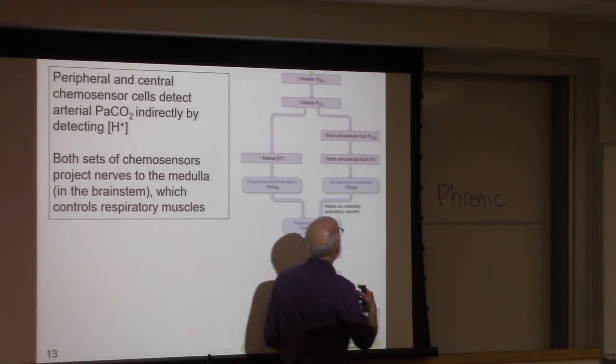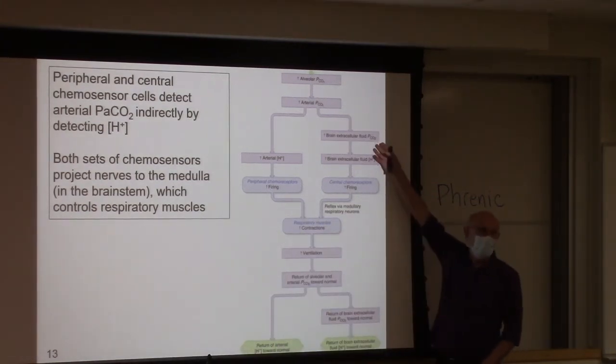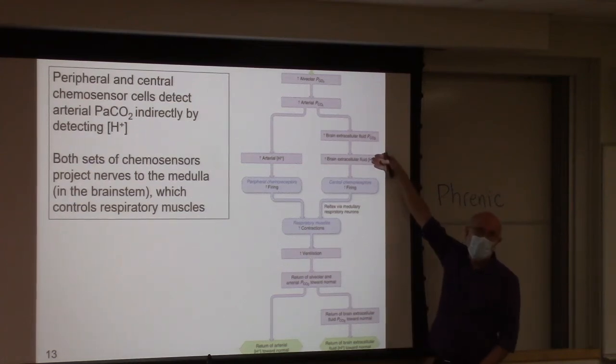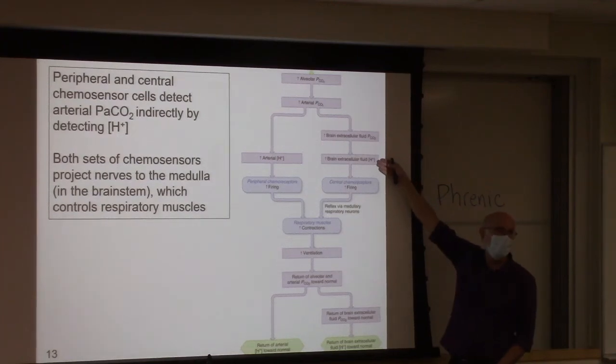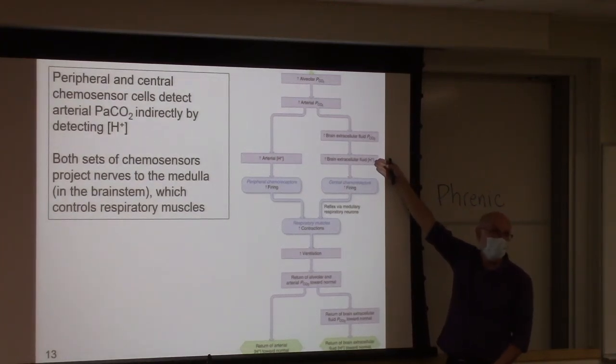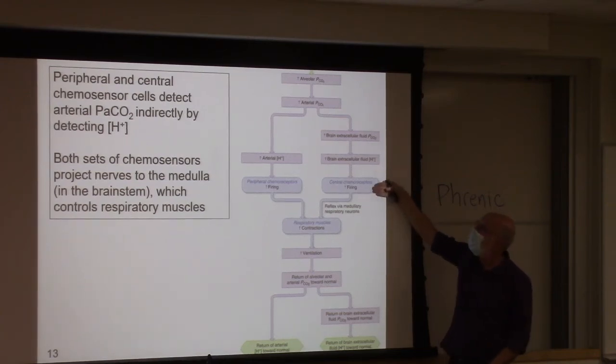Okay, let's do this. It's the same story with the central chemosensors. Extracellular blood pH, extracellular fluid pH goes up for the same reason. Extracellular fluid is in contact with blood after all.